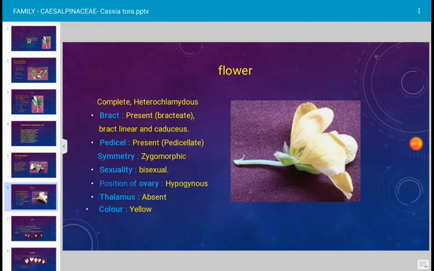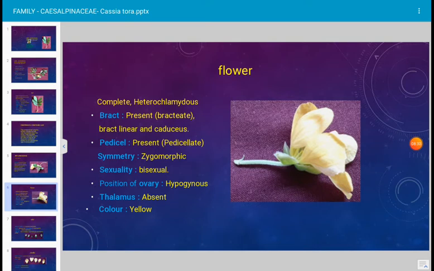When bract is present at the base of the flower, such type of flower is described as bracteate flower. And the shape of the bract is linear, and it is caducous. Caducous bract means again that bract sheds off in the early stage of development.